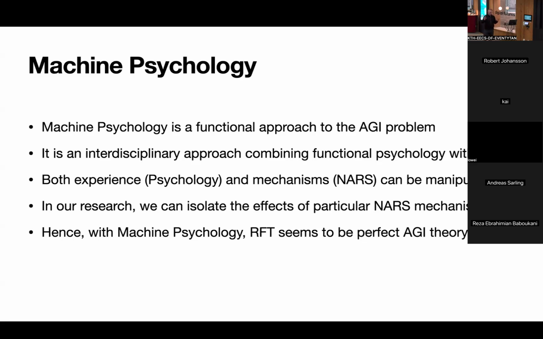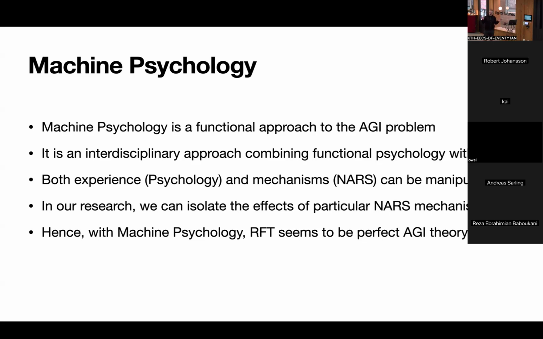And remember that functional learning psychology was about studying the effects of regularities on behavior change. We can do the same thing with NARS. So we can manipulate the system's experience and observe the effects.